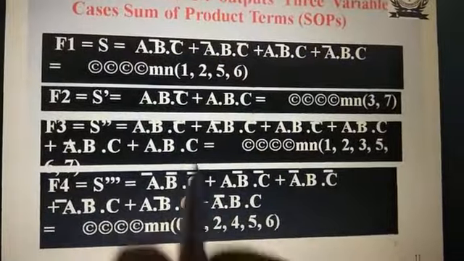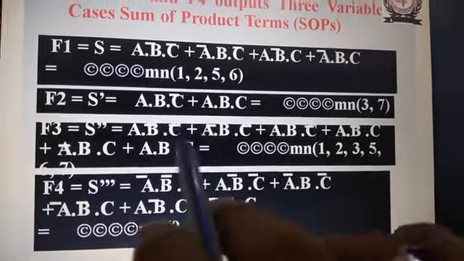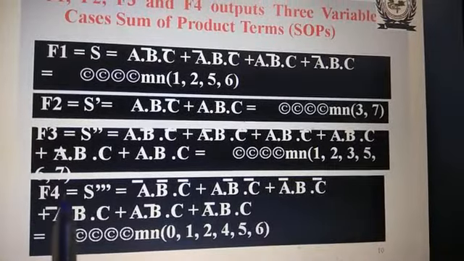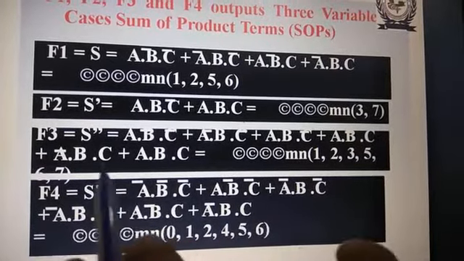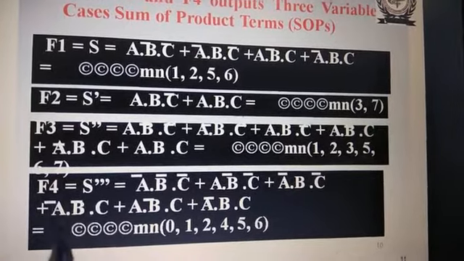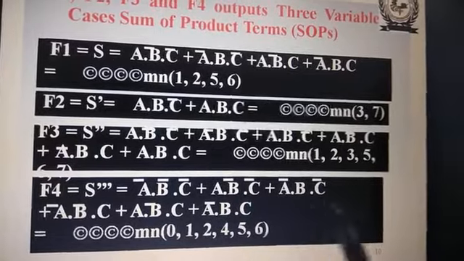So these SOPs are very important factors. Similarly, for F2 output, you can calculate min terms 3 and 7. For F3, you can calculate 1, 2, 3, 5, 6, 7. F4, 0, 1, 2, 3, 4, 5, 6.